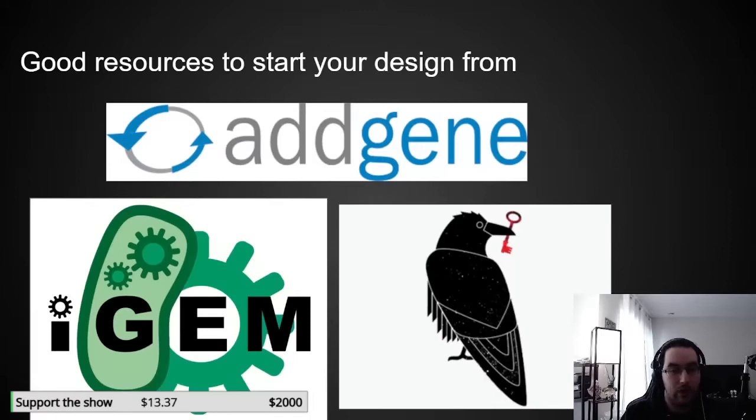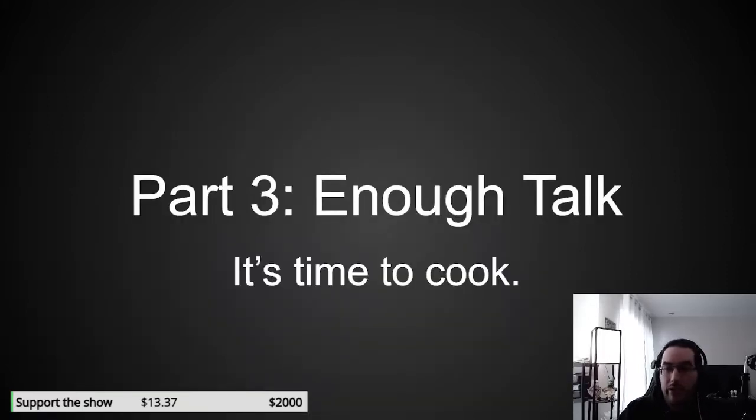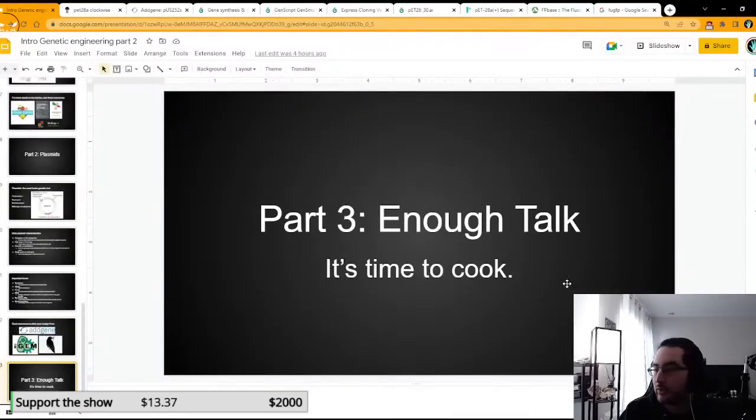And then from there, you can start going in and messing with the DNA. But these are all great resources to start with. Alrighty, enough talk. It's time to cook. So this is kind of the basics. Like I say, this presentation is available in the GitHub link in the description. But let's get into it and actually start doing some DNA design.